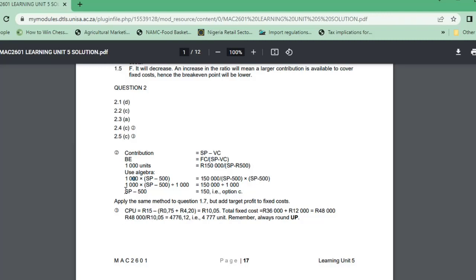As a result, you are left with selling price minus your 500. And here it is on the side, 150,000 divided by 1,000. So this is a long story, but short: at the end of the day, your answer is 150. That's how you get it. You use algebra.